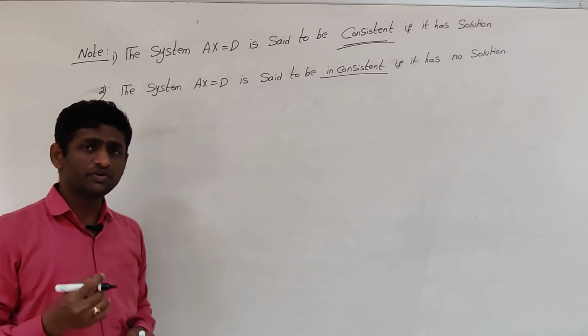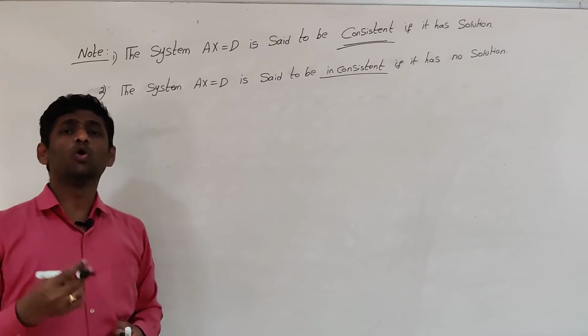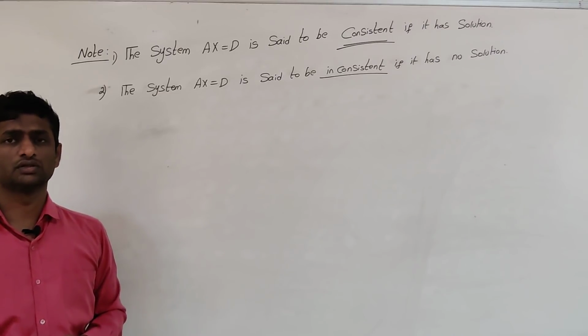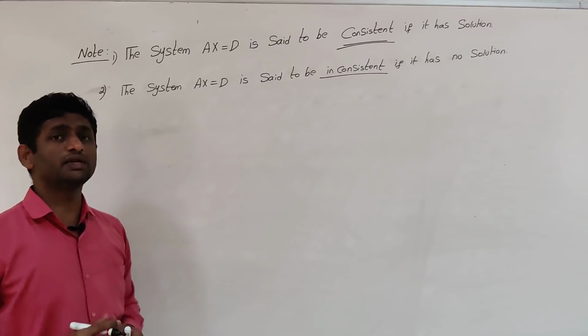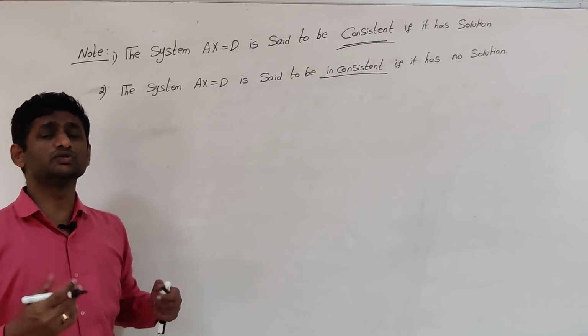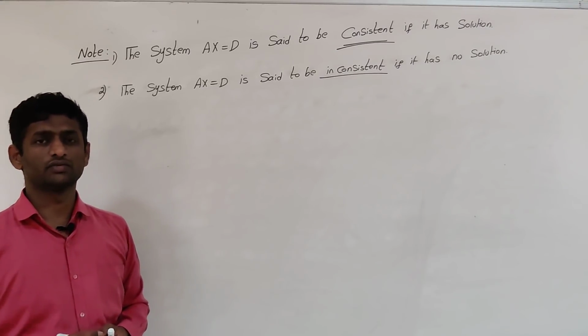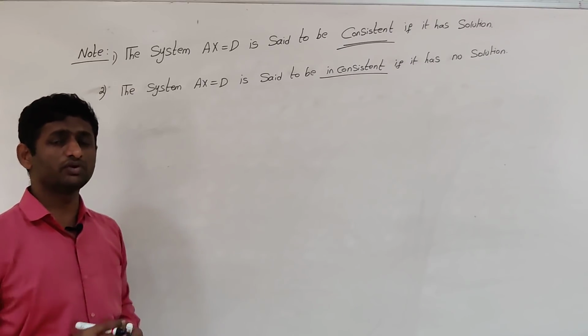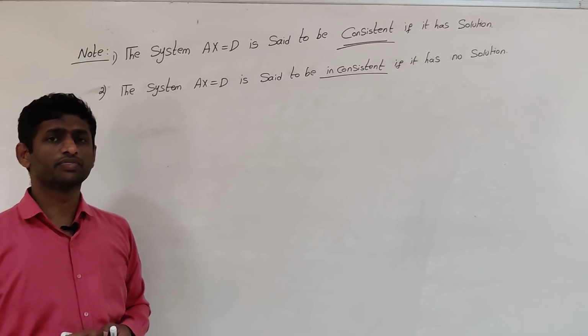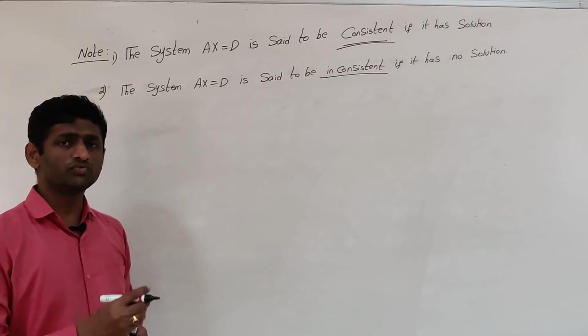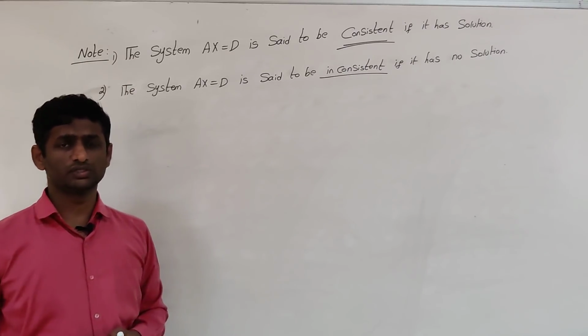And if it is consistent, what is the unique solution? If it is consistent and has infinitely many solutions, what are the solutions? By using the rank. For a given system of equations, we have to find the rank and then find the solution.